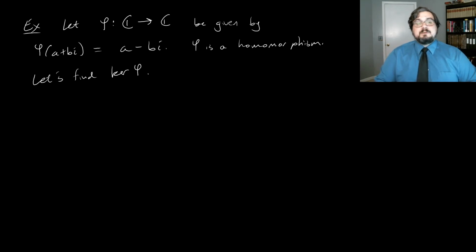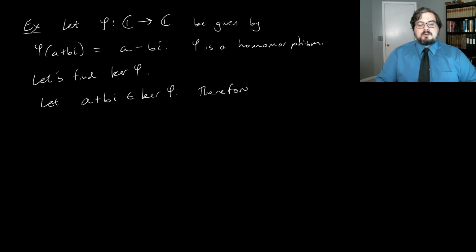So the way that we will typically do this is the following. Let's let some element be in the kernel of phi. Therefore, that means that 0 is equal to phi of a plus bi, because 0 is the identity of C, and if a plus bi is in the kernel of phi, that means that phi of a plus bi is 0.